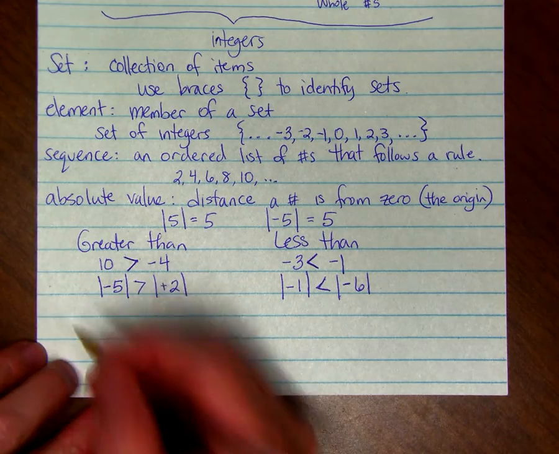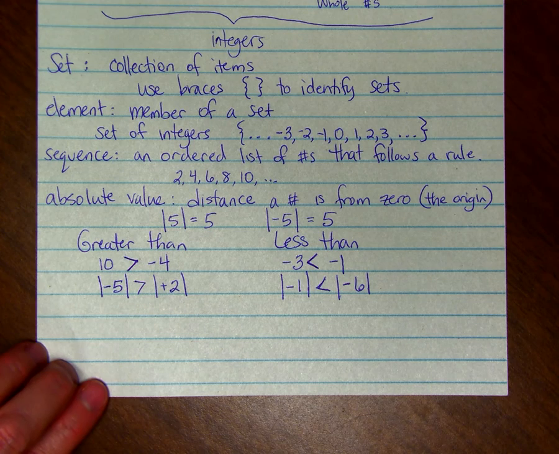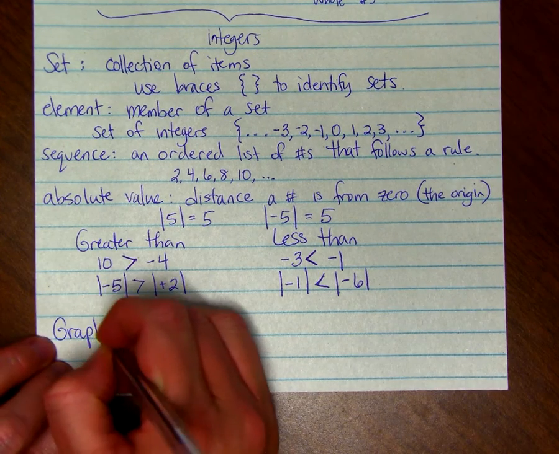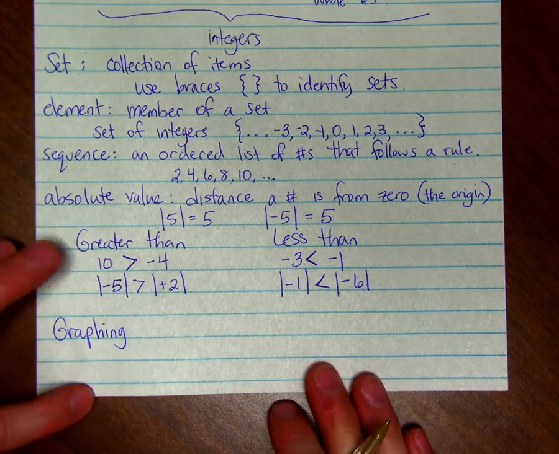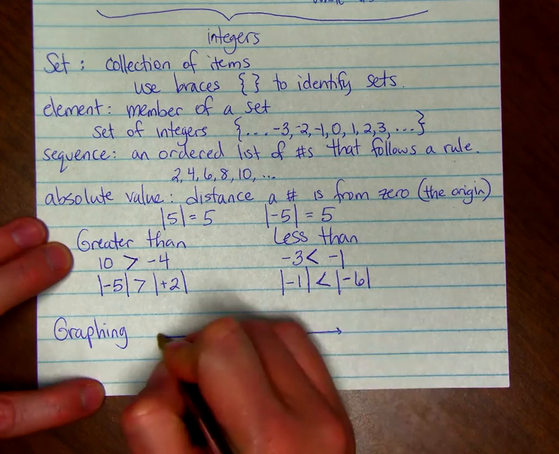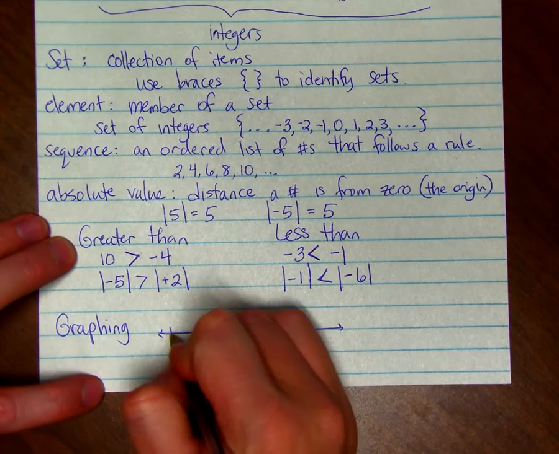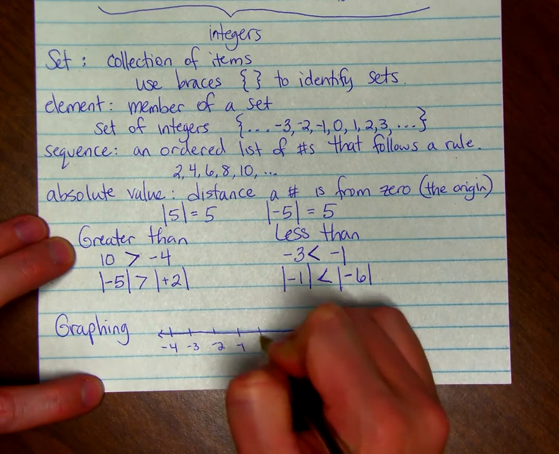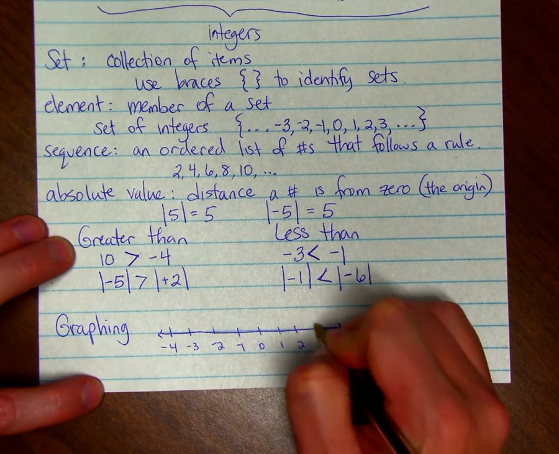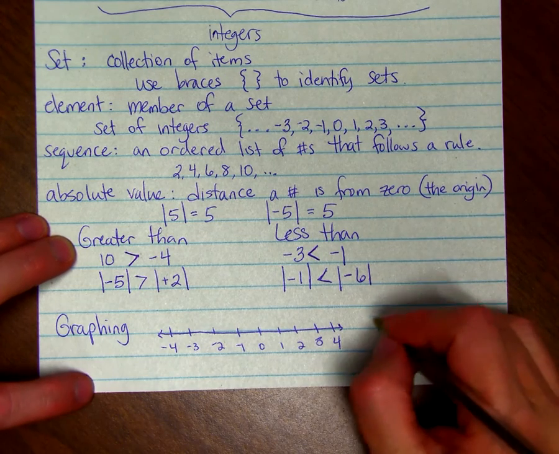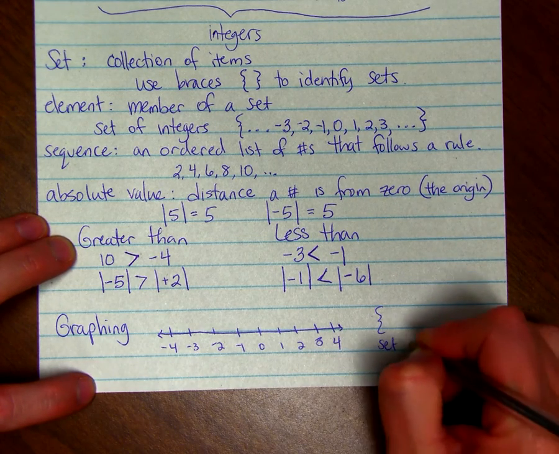When we are asked to graph on a number line, we need to put dots on the number line. So on the line, not under it. So graphing, let's draw this number line, -4, -3, -2, -1, 0, and so forth. We are going to graph the set of even integers.